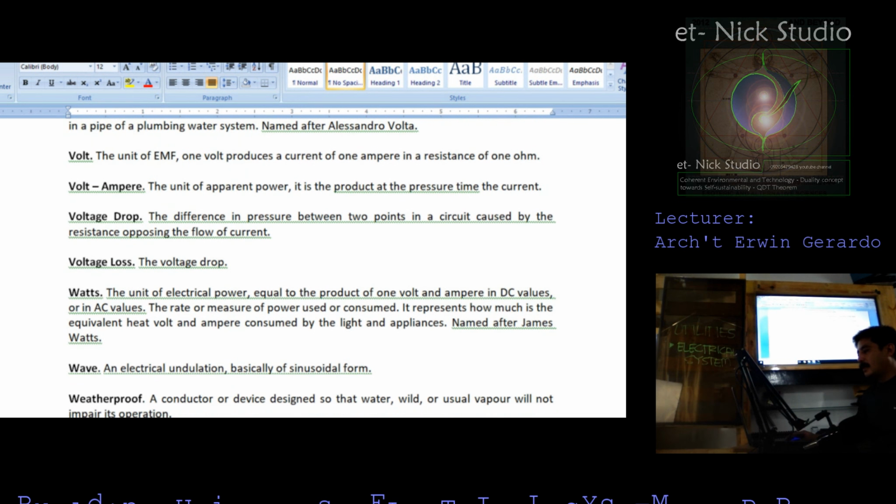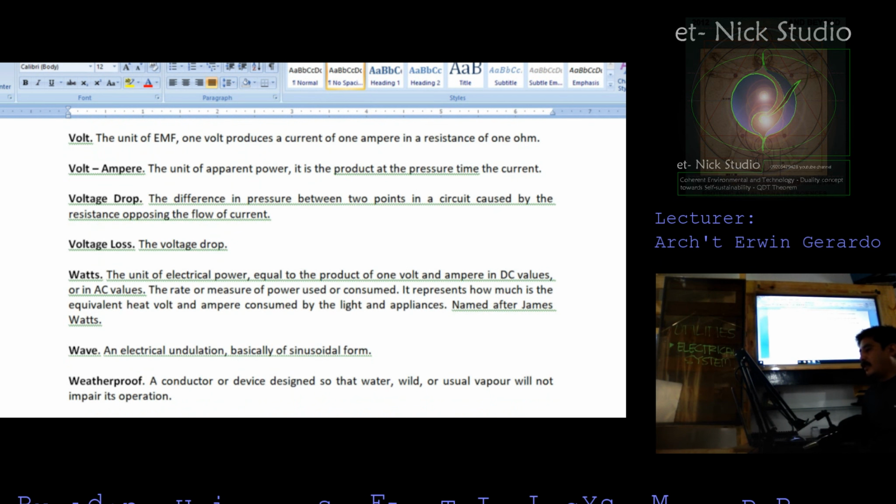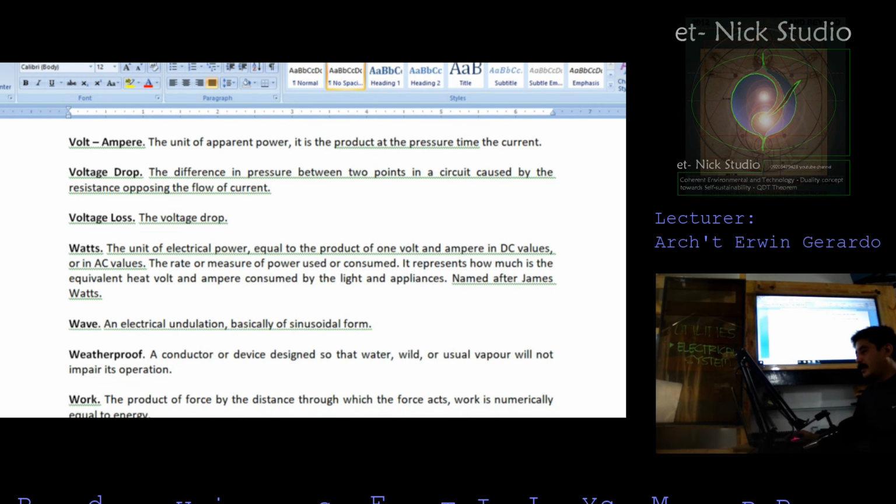Volt, the unit of electromotive force. 1 volt produces a current of 1 ampere in a resistance of 1 ohm. Volt ampere, the unit of apparent power.